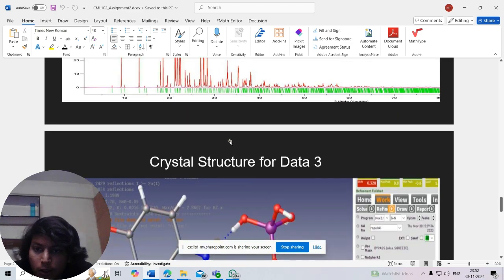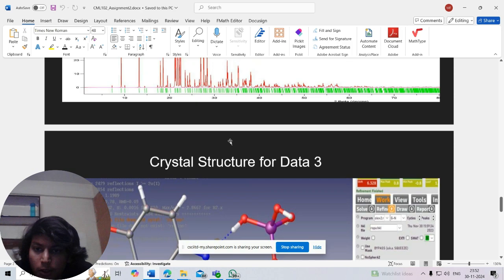This thing is same, and this thing is same, and this is the orthophosphoric acid, the phosphorus with these oxygens. Okay, I think this is fine. The R factor that we got for data 3 was 3.67, something like that.